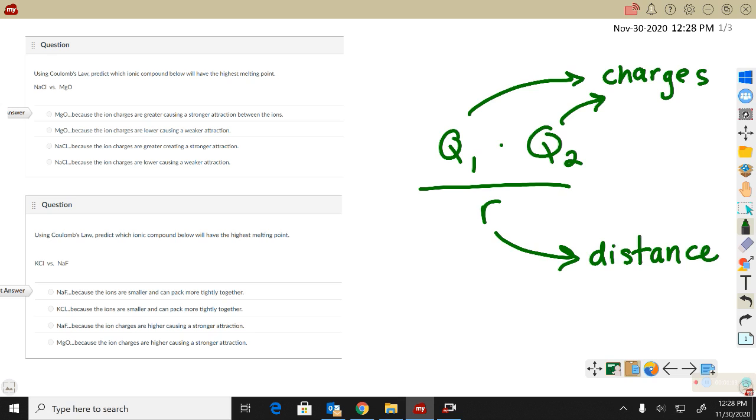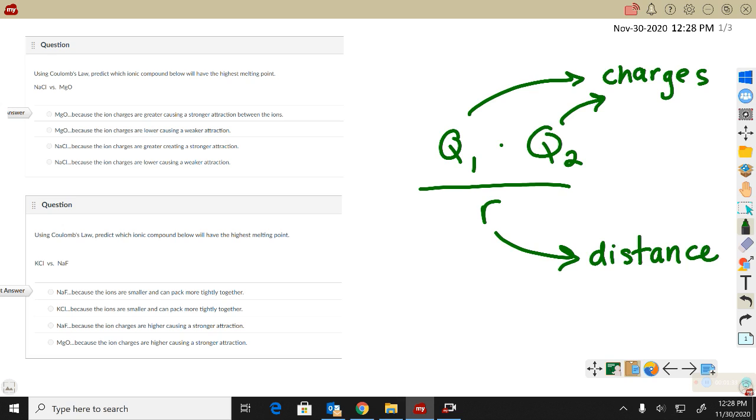And so obviously we can use this in comparison of the nucleus versus the electron cloud, and we can then judge things like radius and ionization energy. But we can also use it with ionic compounds, and it eventually helps us to predict properties like melting point.